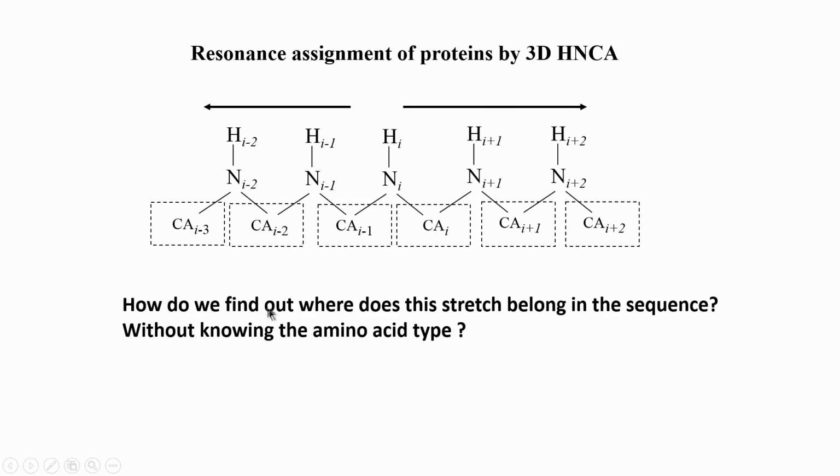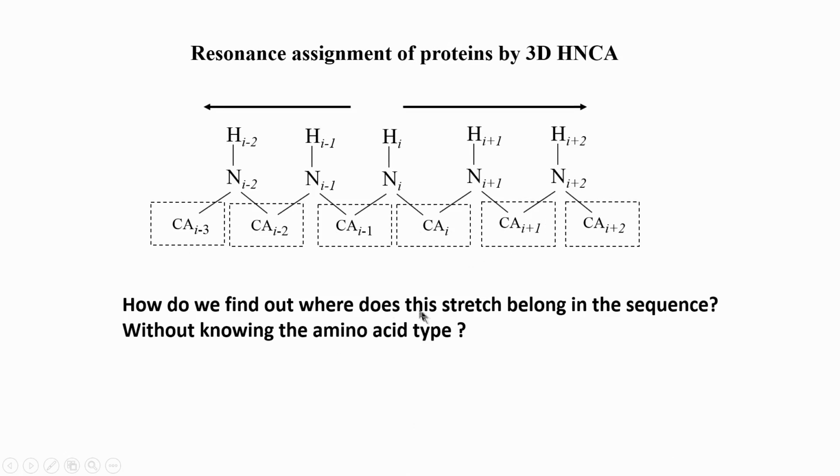But the problem is, how do we find out where this stretch belongs in the sequence? We have connected a stretch from I minus 3 to I plus 2, but we have no information on which amino acid type this is. Like for example, is this arginine, is this glycine, is this isoleucine, some kind of amino acid. That information is not there in this assignment, in this connectivity.